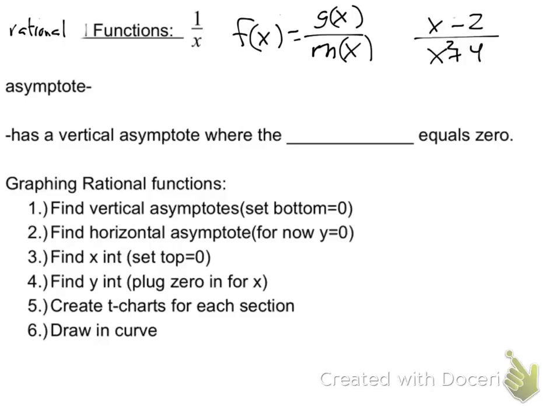What gets larger faster, x or x squared? X squared. So as I make my number larger and larger, I'm going to have a large number over an extremely large number. And as I keep dividing those, I'll get closer and closer to the value of 0.